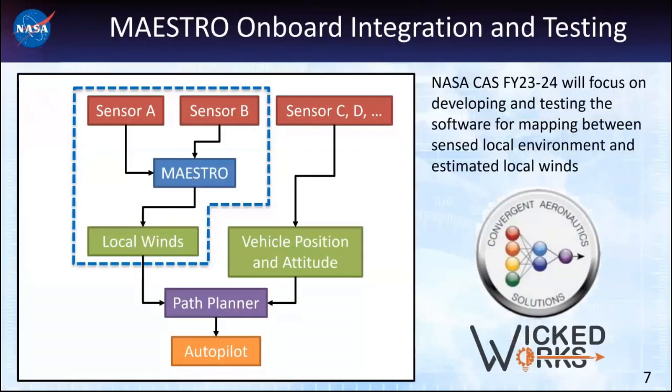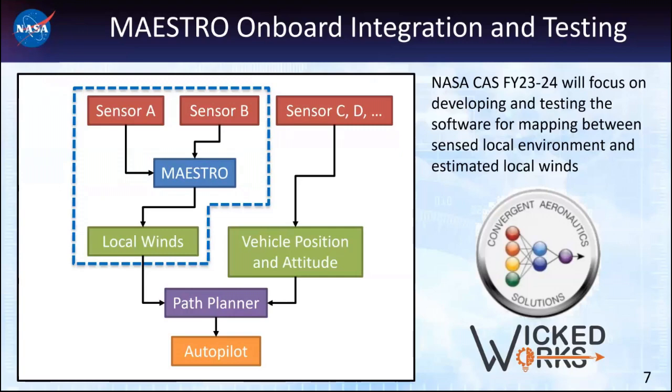Where does Maestro fit in the guidance and navigation control stream? This is on the left where we see that. Sensor A here could be the LiDAR. Sensor B could be a set of IR cameras that are also giving you the temperature distribution of your environment. They could be 3D visual cameras.